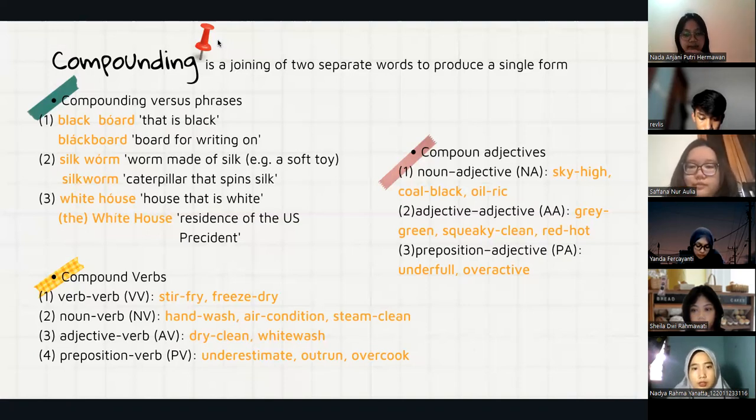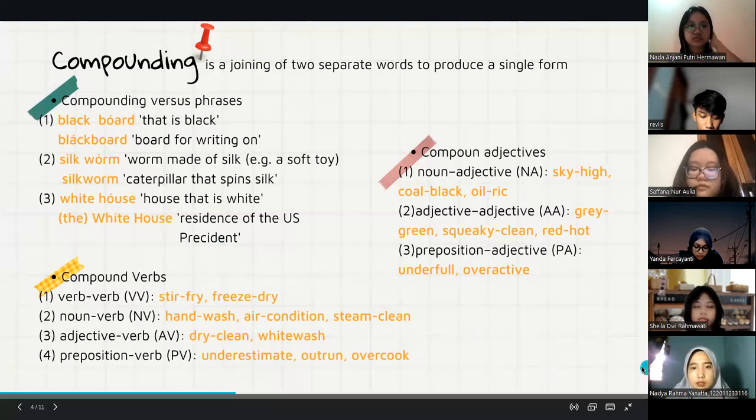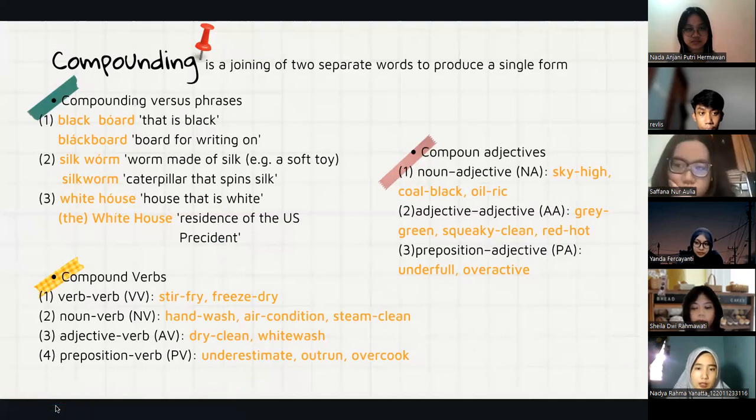The second one is silk worm with a space, meaning a worm made of silk, and silkworm as one word means a caterpillar that spins silk. The third one is white house, and the White House with capital letters, meaning the residence of the U.S. president.